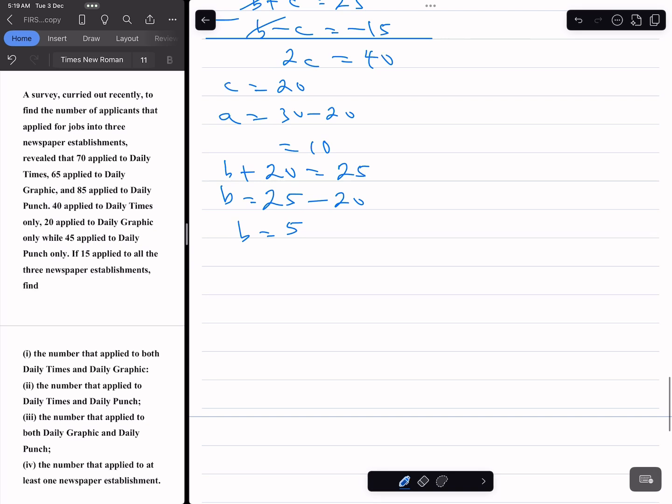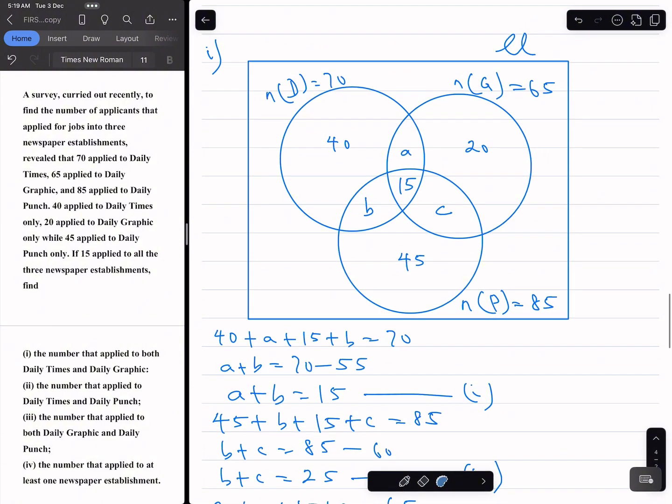So we can now answer the question. The question says find the number that applied to both Daily Times and Daily Graphic. Maybe before we do that, let me bring the diagram down so that I can use it to answer the questions.